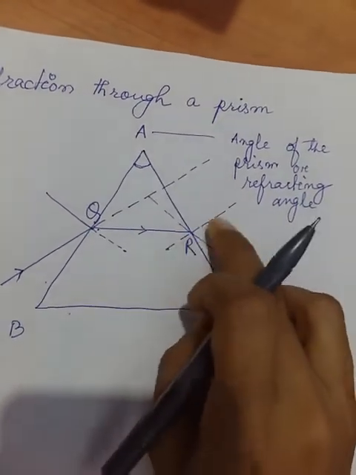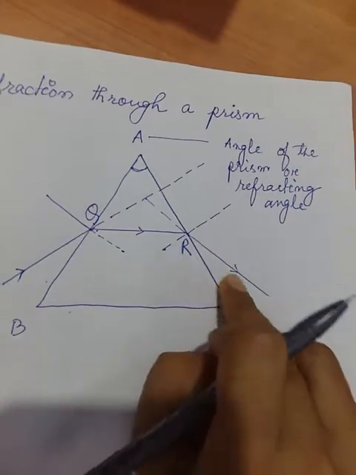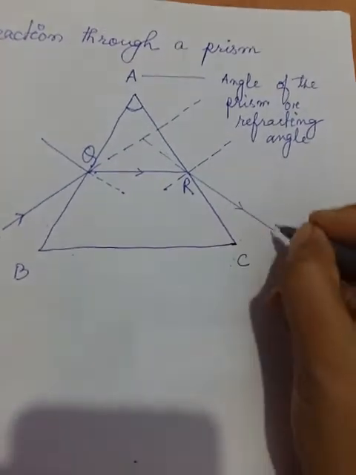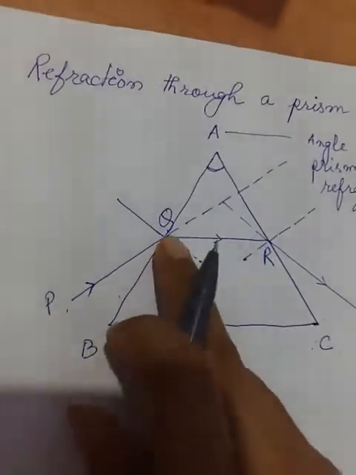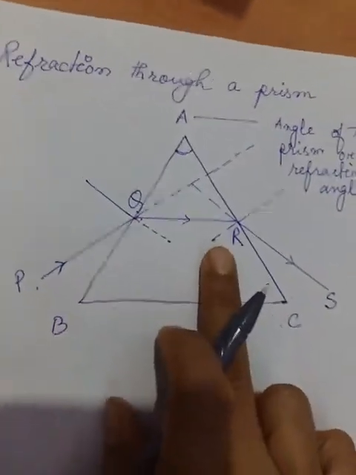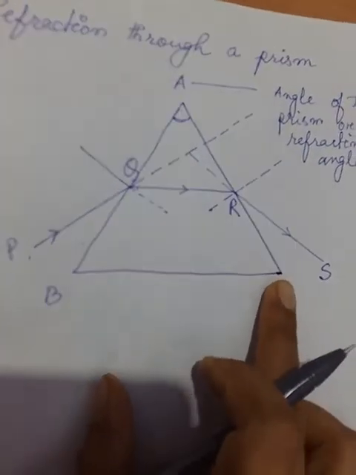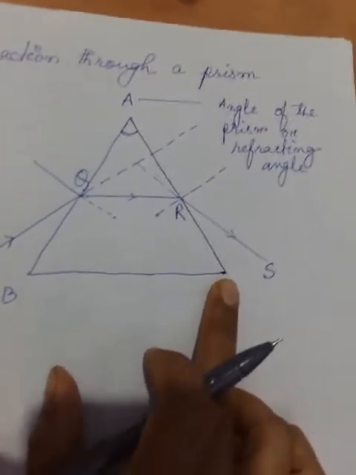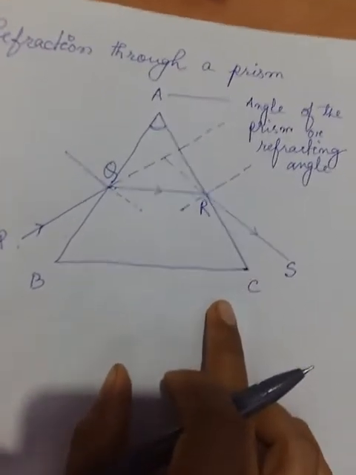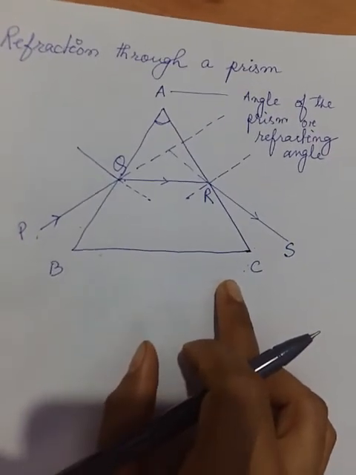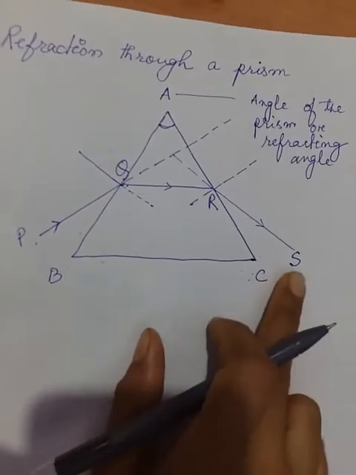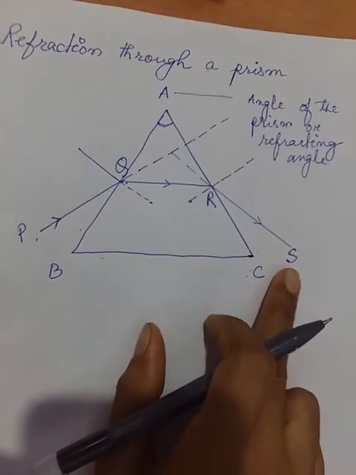This is your normal, so it bends away from the normal along this direction. So PQ is the incident ray and RS is the refracted ray from the surface AC, which is also known as the emergent ray.